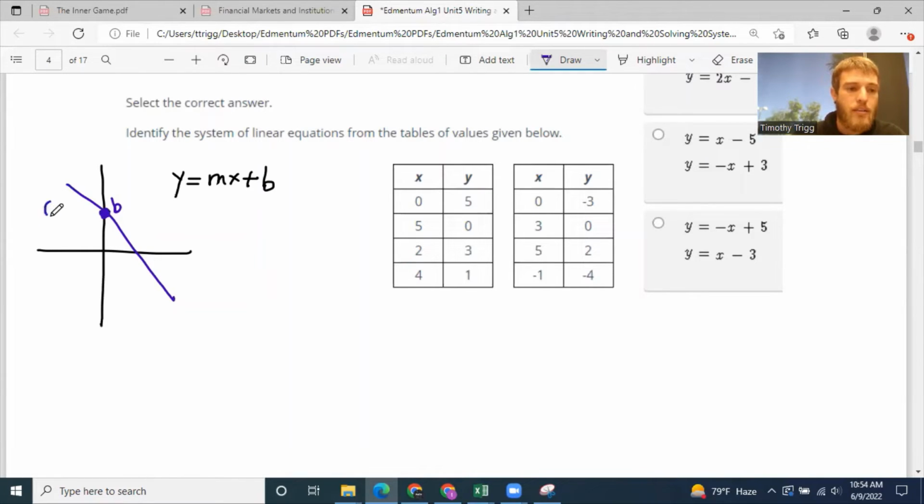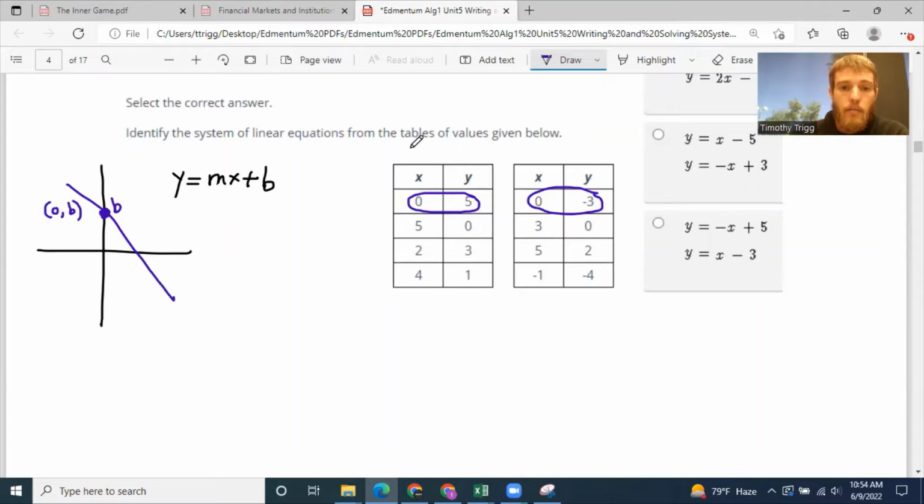Well, it's always 0, comma, and then whatever your b is. So 0, comma, b, because the x coordinate must be 0 in order to be on the y-axis. So our y-intercept is always 0, comma, something. Well, that tells us our y-intercept for both equations. The y-intercept for this equation is 5, and the y-intercept for this equation is -3.